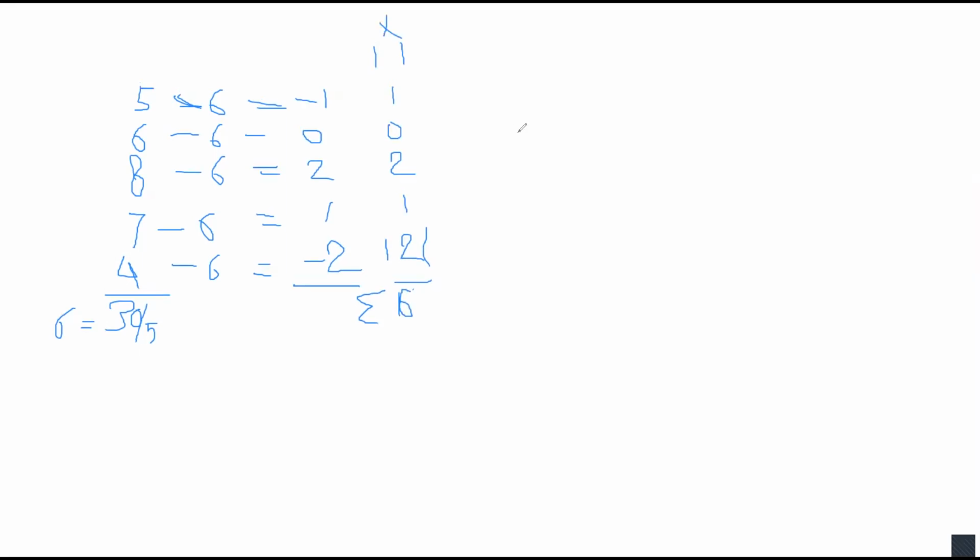Now let's do the square values. -1 times -1 is 1, 0 is 0, 2 and 2 is 4, 1 again, and -2 and -2 is 4. When we do the sum, we get 10. So what is the standard deviation? First we do the variance.